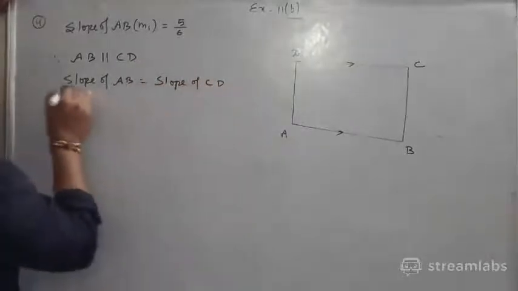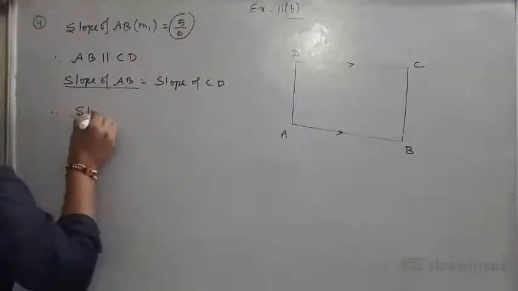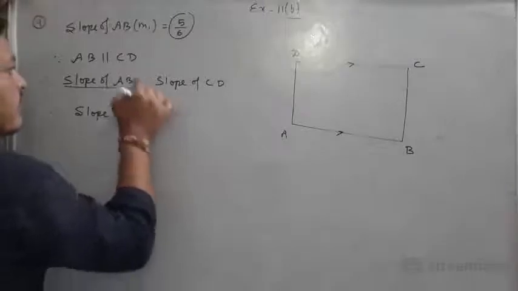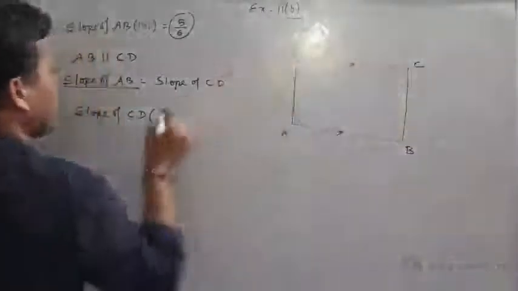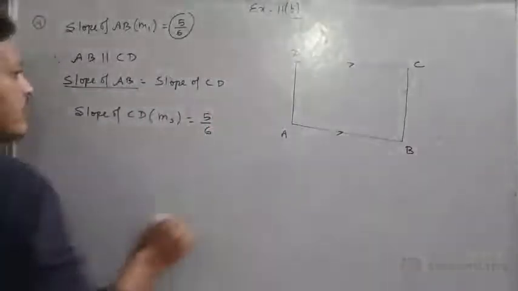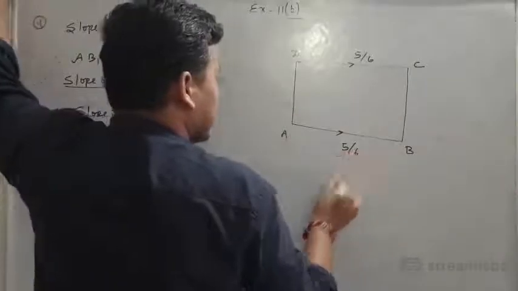The slope of AB is 5 by 6. So therefore slope of CD, let this be M3, is also 5 by 6. The slope of this line is also 5 by 6.